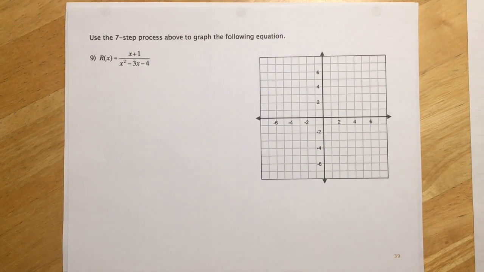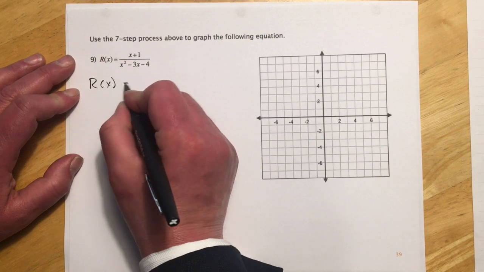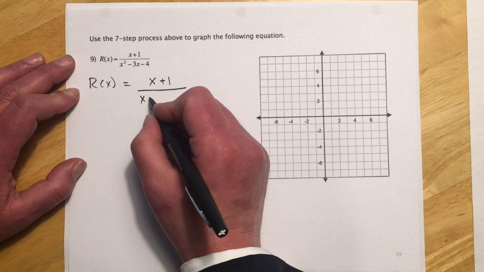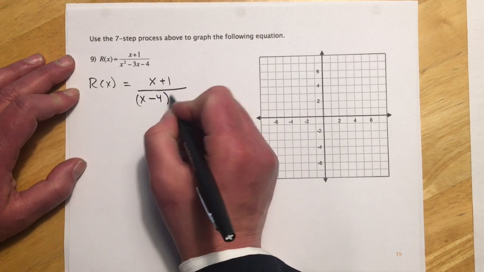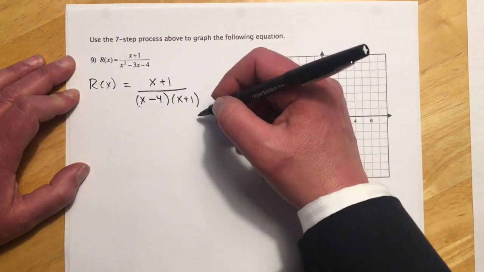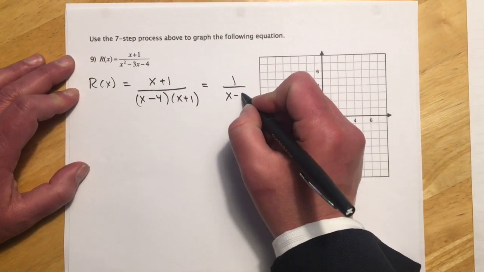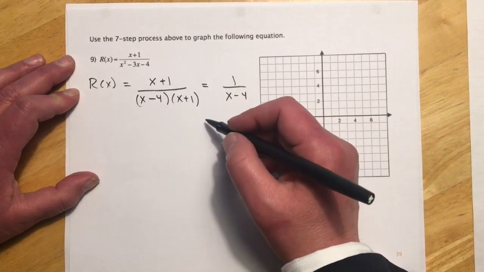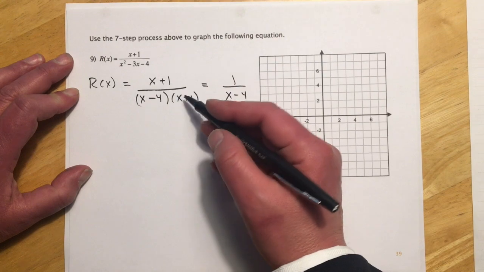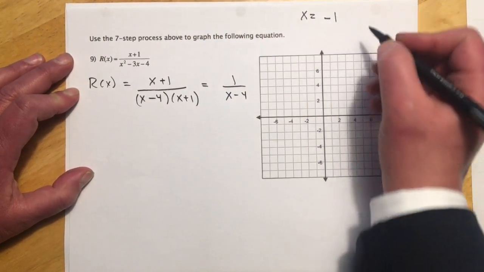So we'll factor our numerator and denominator first. So r of x is going to equal x plus 1, and then x minus 4 and x plus 1. So this cancels. So my reduced form on this is going to be 1 over x minus 4. But I can't just make that disappear and have it not count. What that's going to do is give me a hole in the graph at x equals -1.